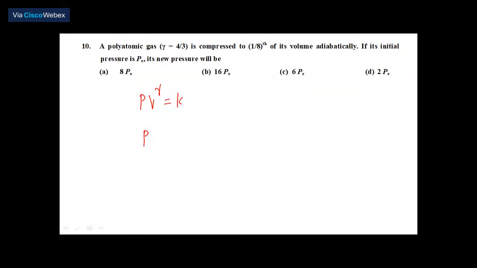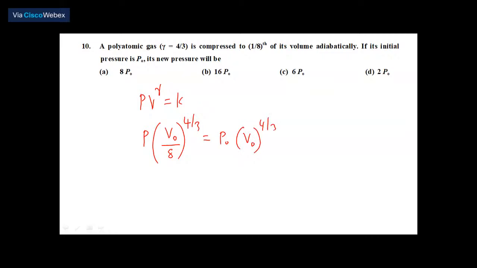We'll take the new pressure as P, and the new volume is the initial volume divided by 8, to the power 4/3. That is equal to the initial pressure P0 and initial volume V0, to the power 4/3.